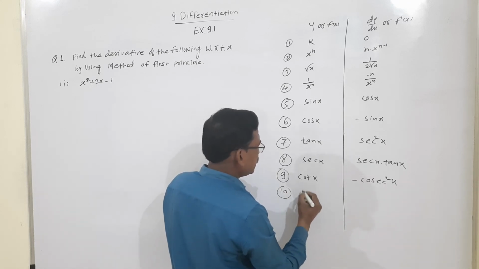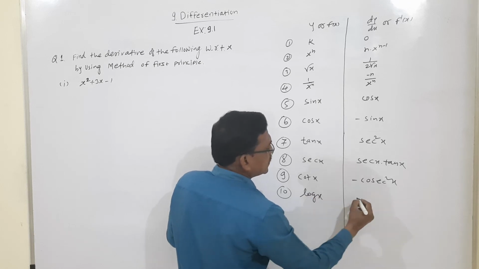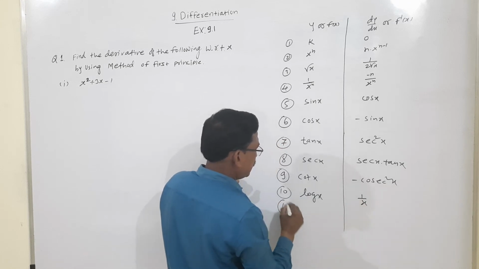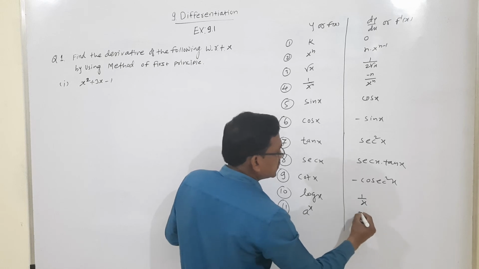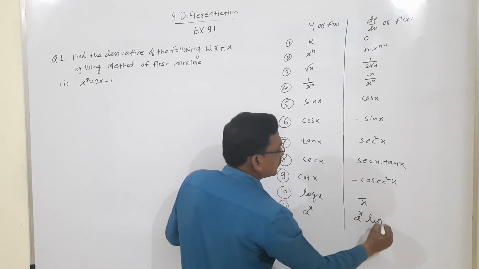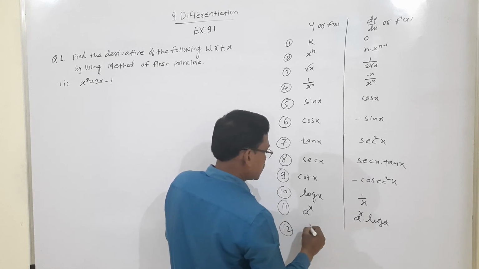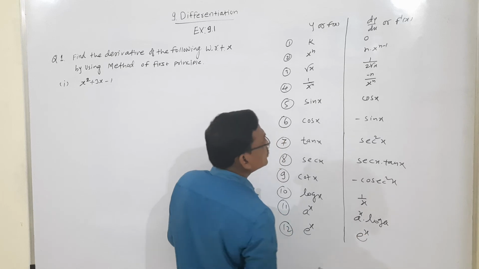The derivative of the logarithmic function log x is 1 by x. Then the derivative of the exponential function a raised to x is a raised to x into log a, and the derivative of e raised to x is e raised to x.